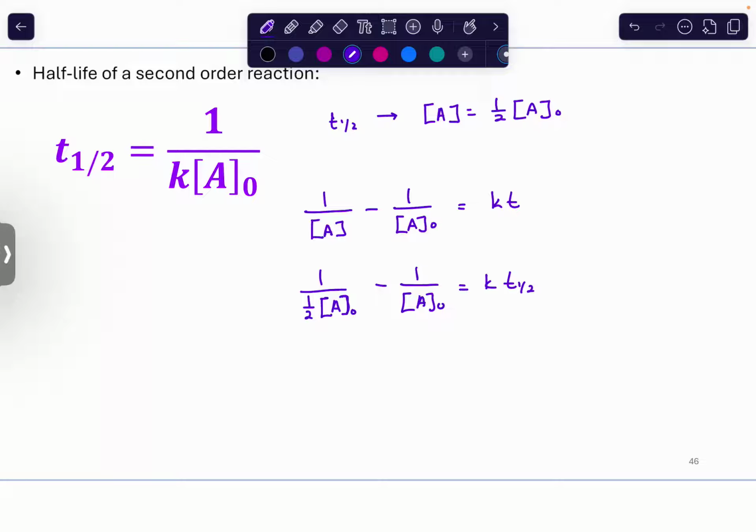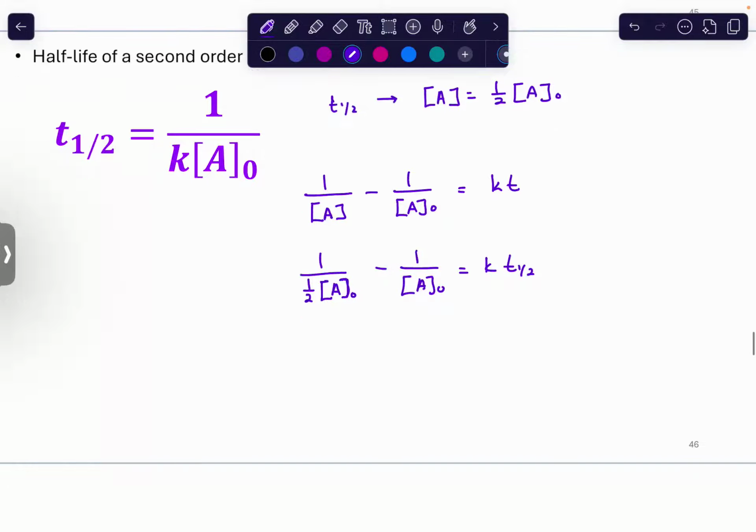Now what's going to happen to that 2 in the 1/2? Yep, it's going to flip and it's going to go up to the numerator. And again, the way you can think of this, let's say I have 1 over x over y. Okay, this equals y over x.